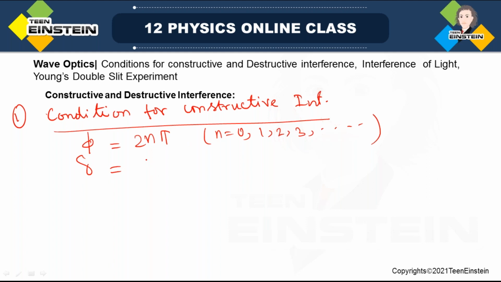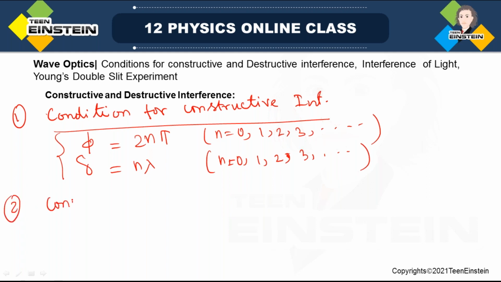That means an integral multiple of wavelength. Here also n can be 0, 1, 2, 3 with the same condition. So this is for constructive interference.